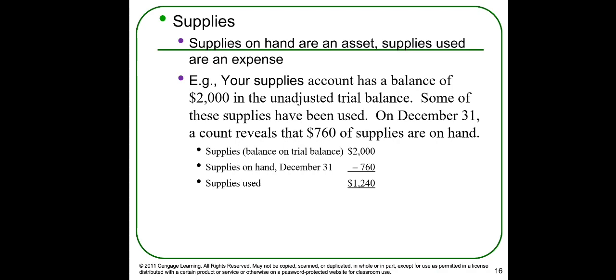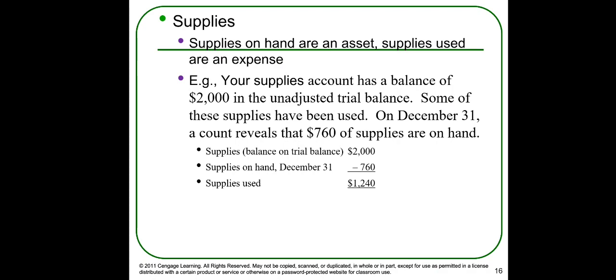So the thing that you have to do is, first you have to calculate the value of supplies used. So in this example, to calculate the value of supplies used is like this. See there, supplies, the beginning balance is $2,000, and then at the end of the year, supplies on hand or supplies unused is $760.